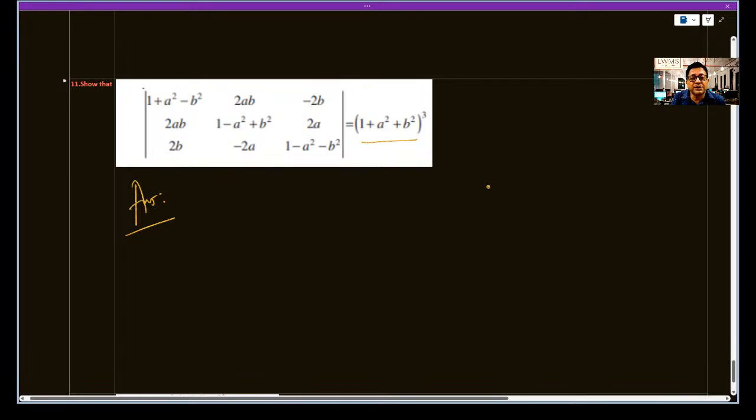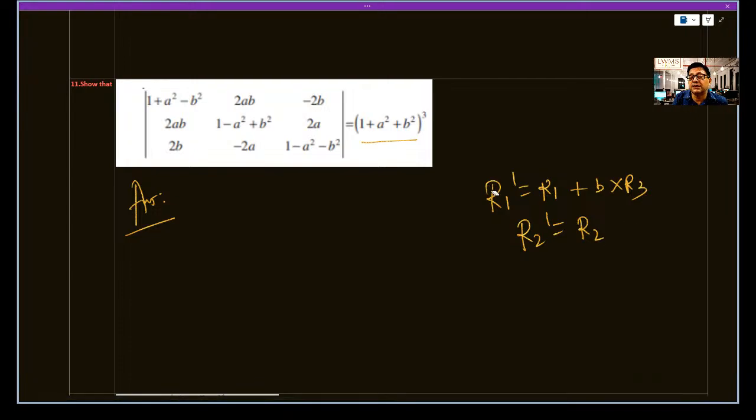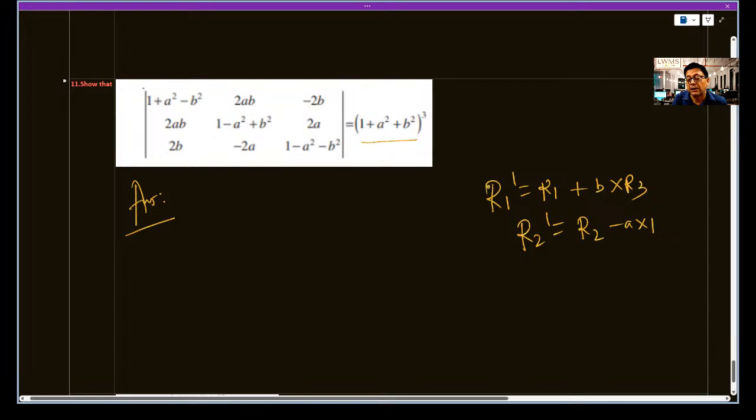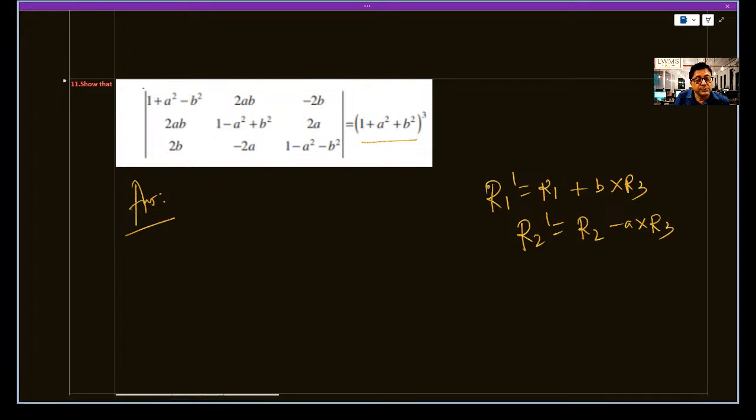So the operation I suggest you use: R1 dash equal to R1 plus b R3 and R2 dash equal to R2 minus a R3. Clear?